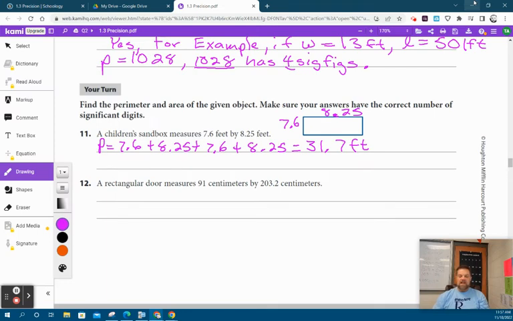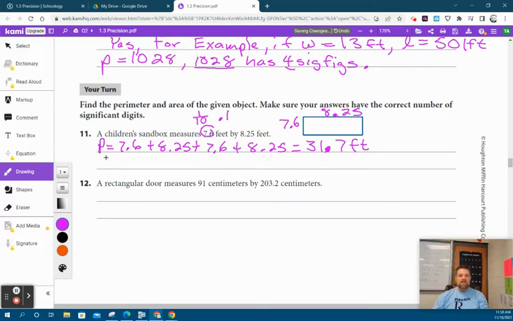Now, can I leave that? Yeah, because the least precise measurement is this one. That's the least precise because it goes to the tenths, 1 over 10, right? So I could leave it that way.